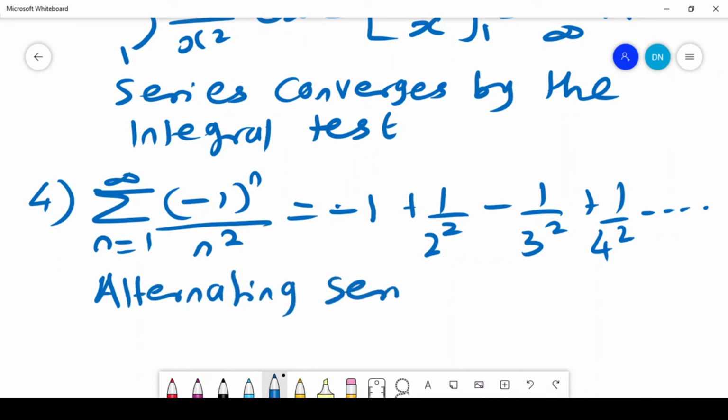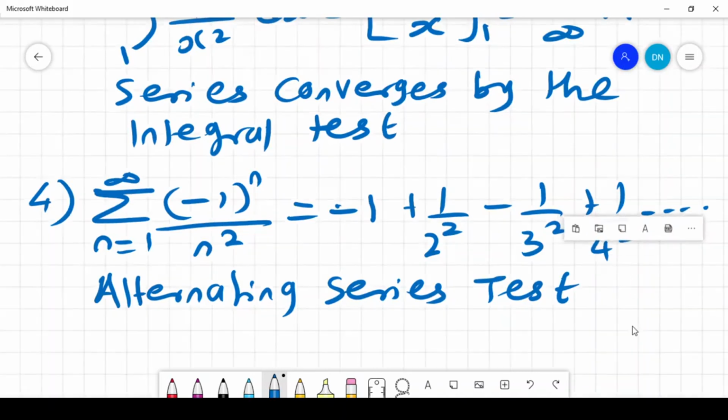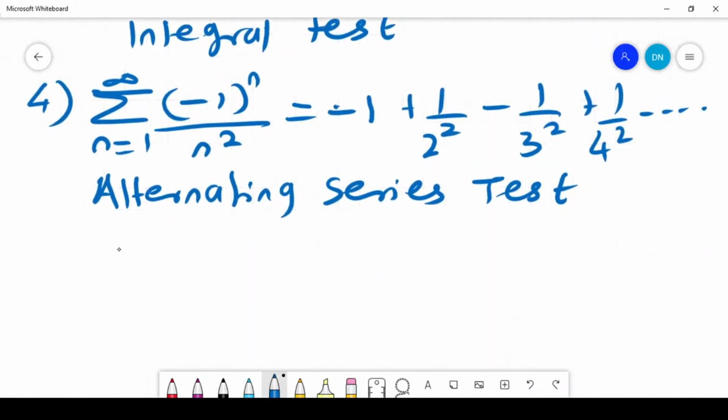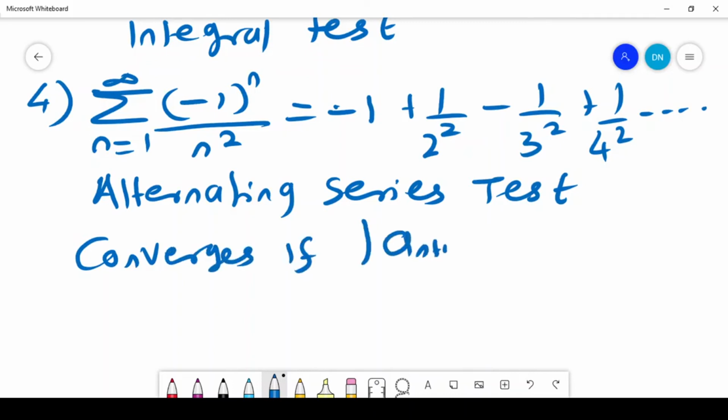So we use an alternating series test. And how does the alternating series test work? The alternating series test is also very practical. It converges if the absolute value of a sub n plus 1 all over the absolute value of a sub n is less than or equal to 1.